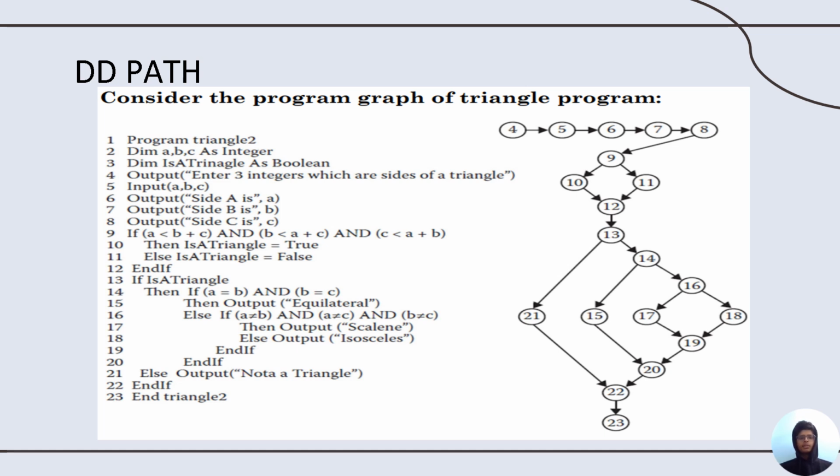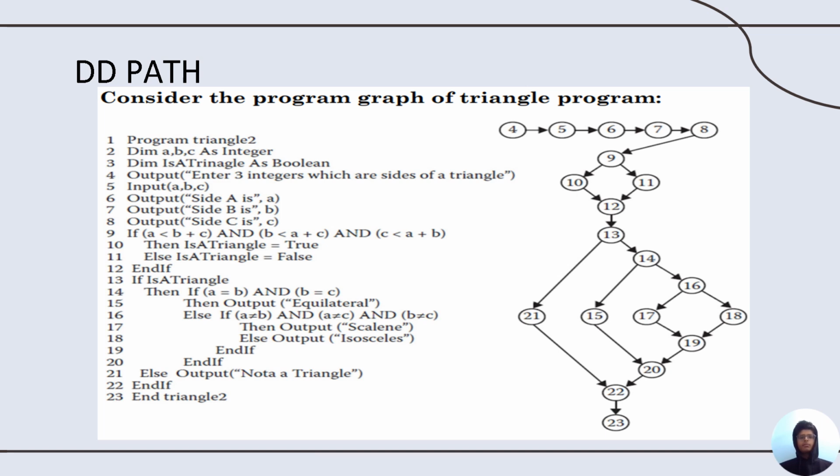Then the output is scalene, and there will be one more else statement for an isosceles triangle. That's how we end the program. In this diagram we can see nodes 4, 5, 6, 7, 8, basically giving the inputs and the outputs.